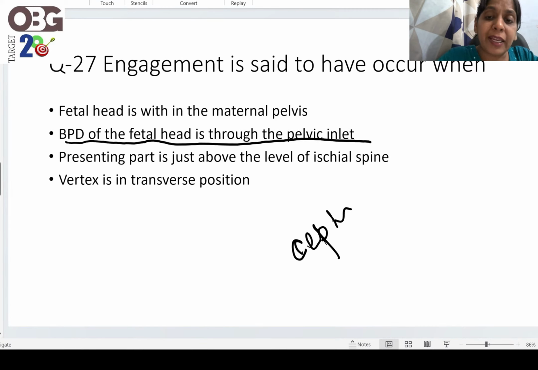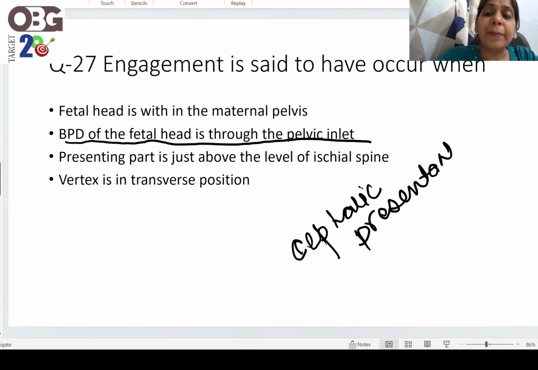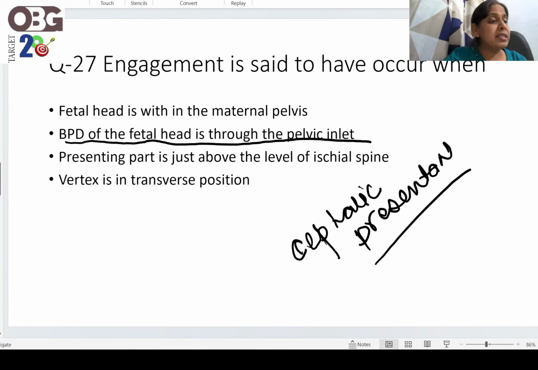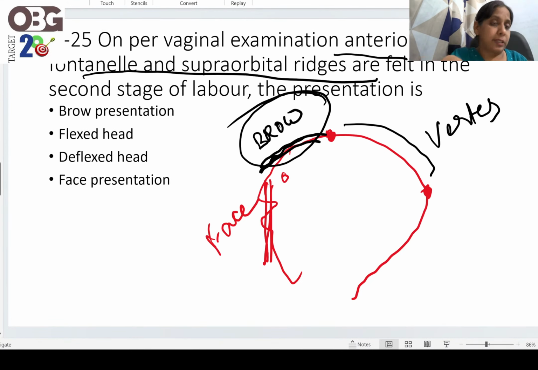In cephalic presentation there are three presenting parts. When the head is downward in the pelvis, three presenting parts can be there: face, brow and vertex.